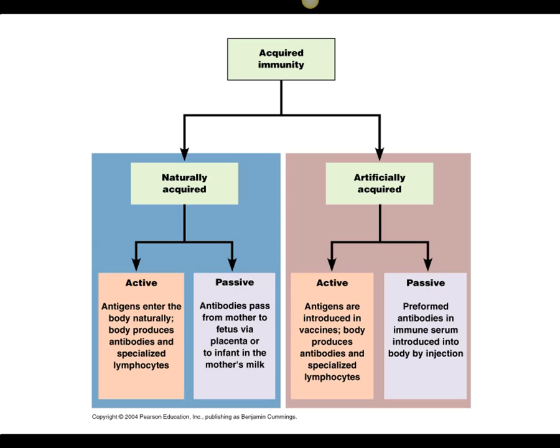When we get infected with something, our body can respond to become immune to it in 4 different ways. The first question you have to ask yourself: how did I get that immunity? How did I produce these antibodies to combat that disease? Was it natural?